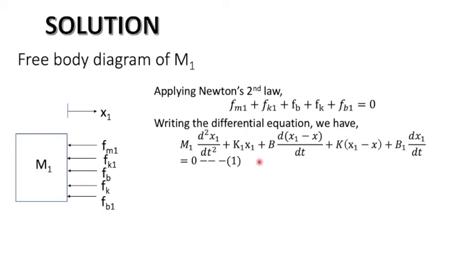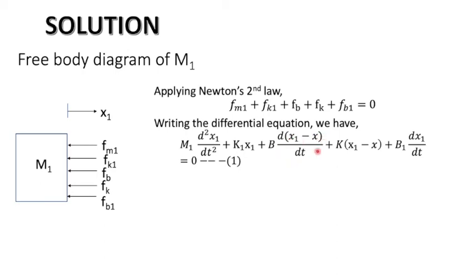Notice that when you write the force due to this dashpot, which is connected between mass M1 and M2, we consider not only the displacement due to M1 but also the displacement due to M2. So actually we consider the net displacement, that is the displacement at mass M1 minus the displacement at mass M2.